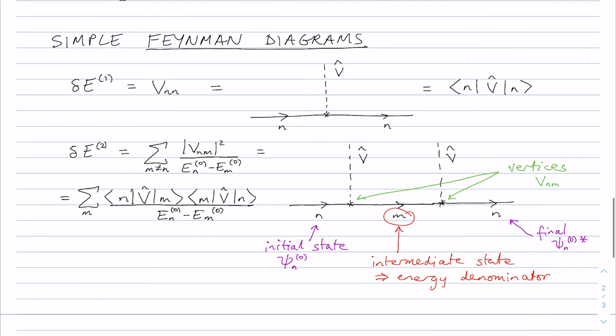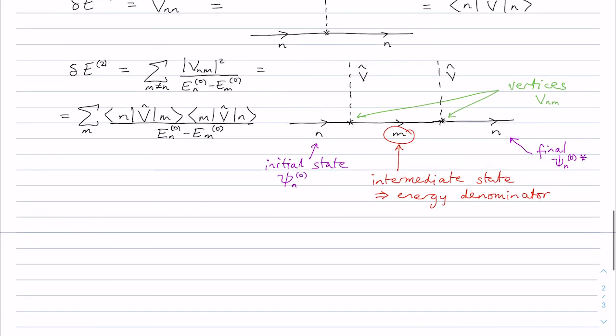So there are some rules that people would have. Typically a solid line is a particle or a wave function.